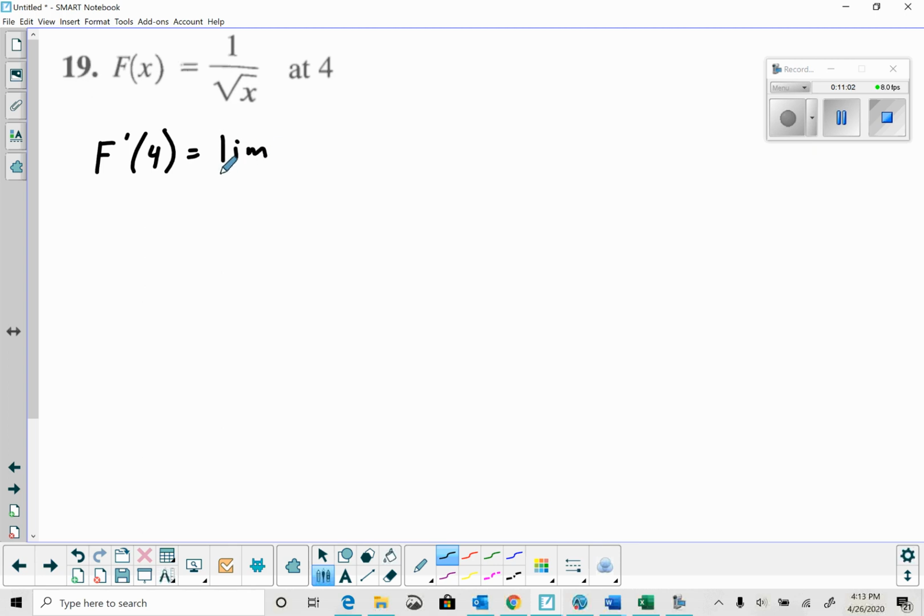which is equal to the limit as h approaches 0 of f of 4 plus h minus f of 4 all divided by h. Notice, I've done something from the first section and the second section and now the third section, and the directions are different, but we start off the exact same way every time, okay?